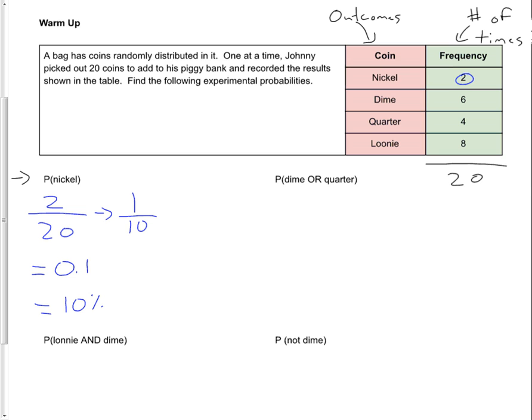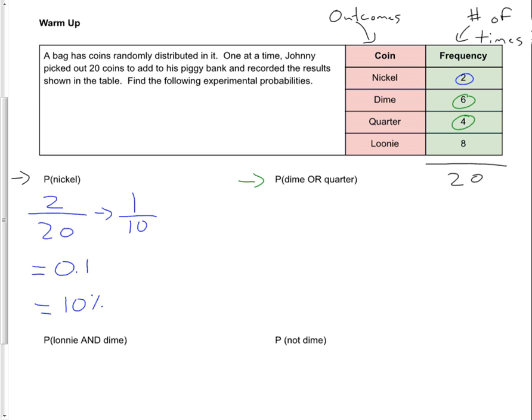The next thing that we're going to take a look at here is what's the probability of him pulling out a dime or a quarter. Again, the word or means you can have either one of these particular results. It doesn't matter which one, but you can pull out either one of the results, and that's what we're going to measure. If we look at dimes, he pulled out a dime 6 times, and he pulled out a quarter 4 times.